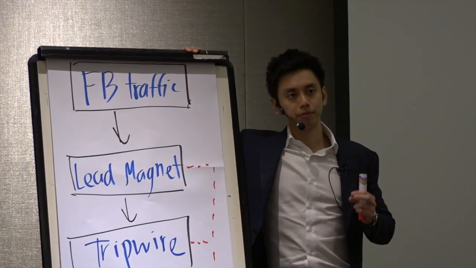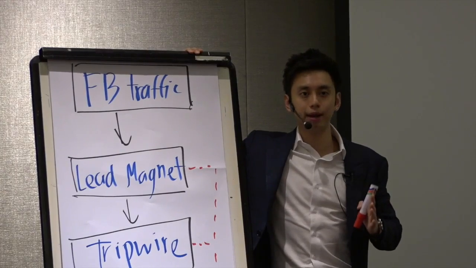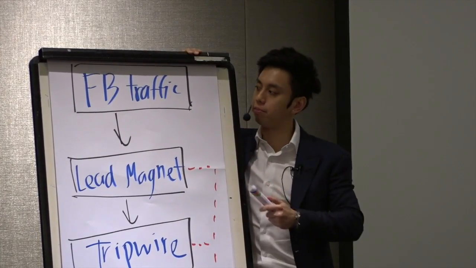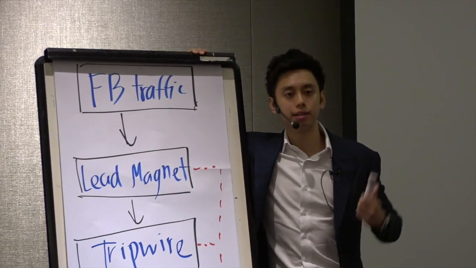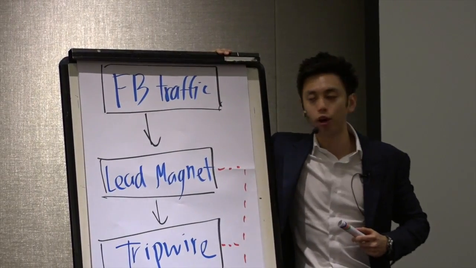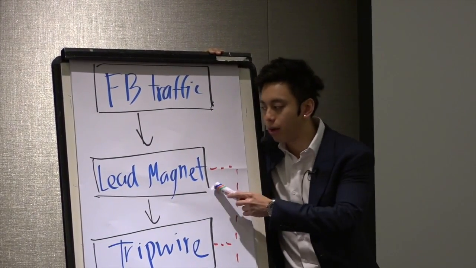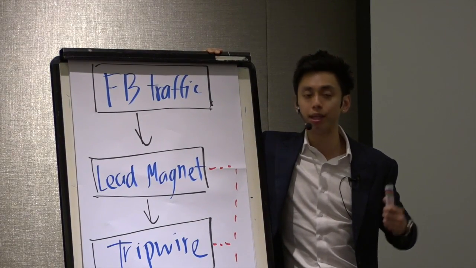So remember, when you are spending money on Facebook, it comes back down to what we learned on the first day, tracking. Ask yourself, by spending $1,000 on Facebook, how many clicks did I get? From the clicks and the website visitors that I got, how many people gave me their email? For the amount of people that gave me their email, how many people bought my initial product?